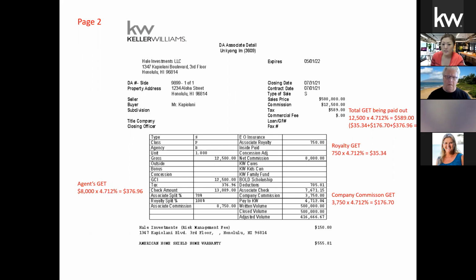That's because the 376.96 is the GET tax that the agent is getting on their commission portion. So we're going to go line by line. If you take the agent's net commission, which is 8,000 on this DA, times 4.712%, that equals $376.96.